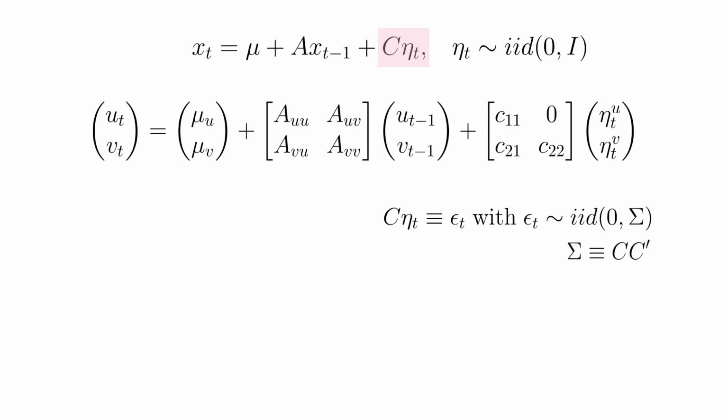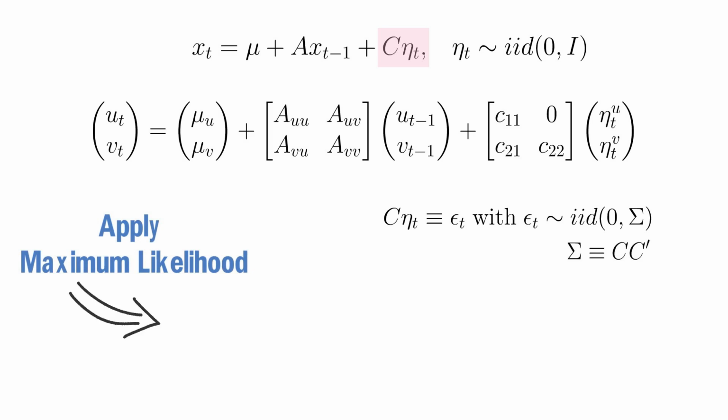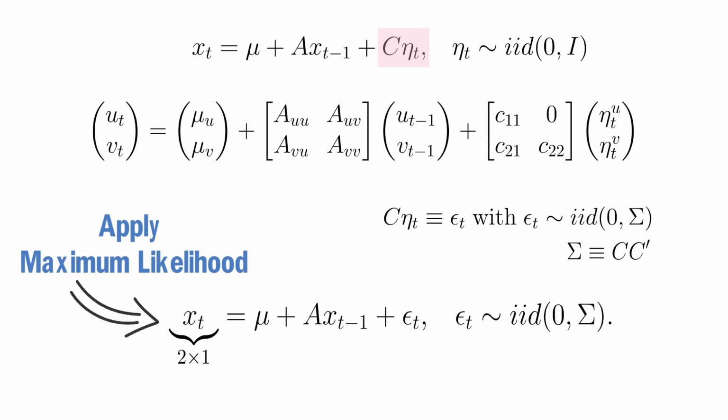So in summary, we now want to apply maximum likelihood to estimate the multivariate linear model of type xt equals mu plus A xt minus 1 plus epsilon t, where epsilon t is an IID shock with mean 0 and variance sigma.